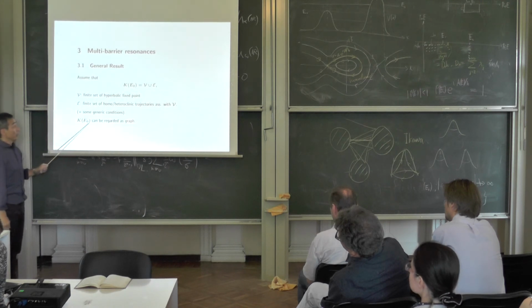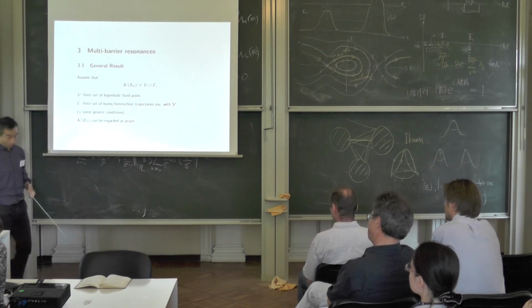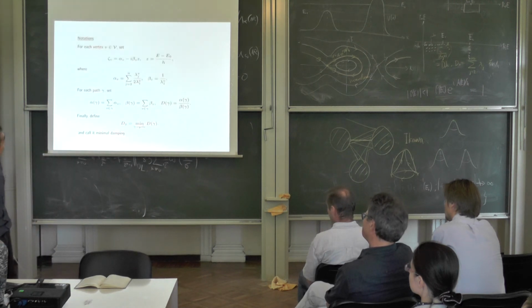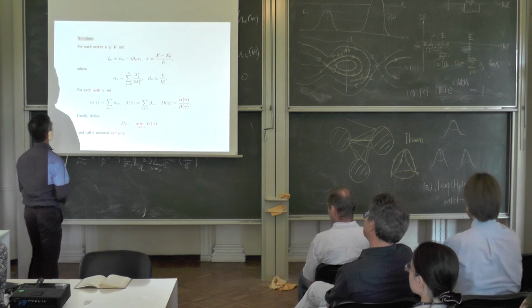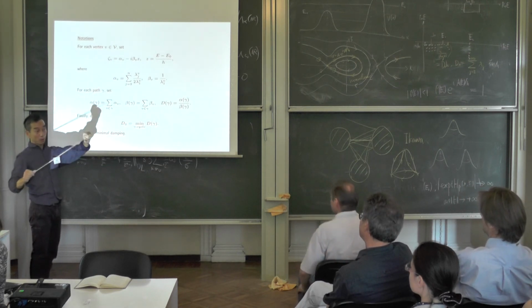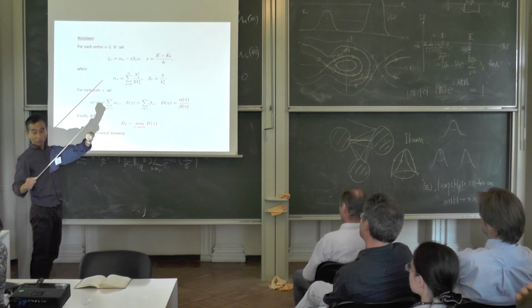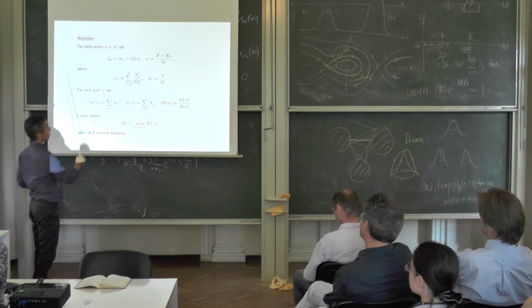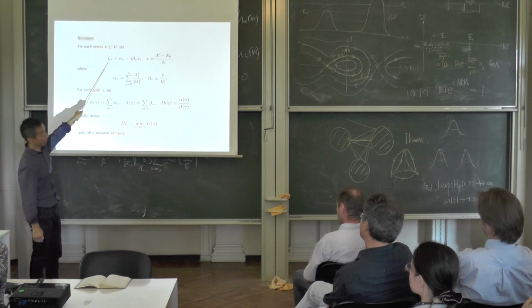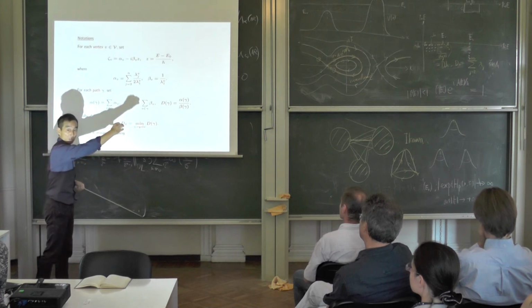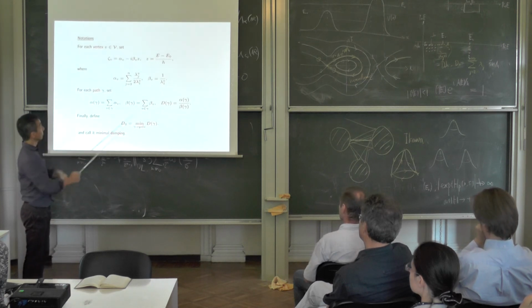Then such a picture can be regarded as a graph. Okay. I go quickly, but zeta is the power of h that you saw in the quantization condition at the fixed point D. So we have zeta_D for each maximum.